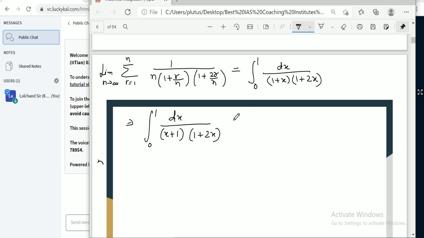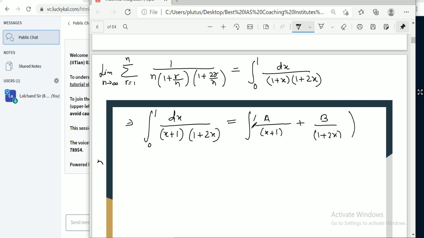So we can write the integral of a upon x plus 1 plus b upon the second factor, 1 plus 2x, into dx. We can write it like this.